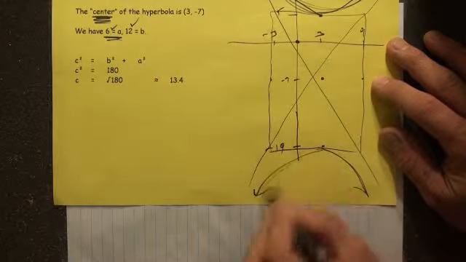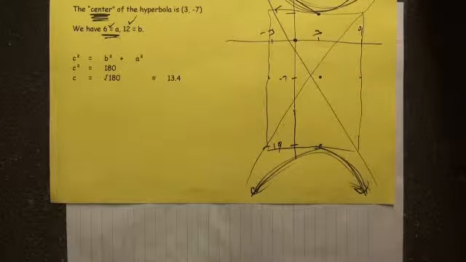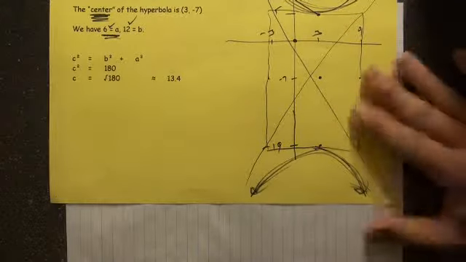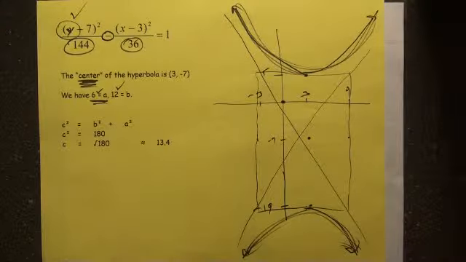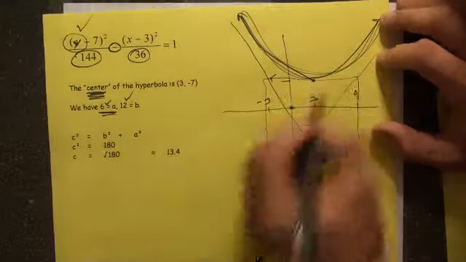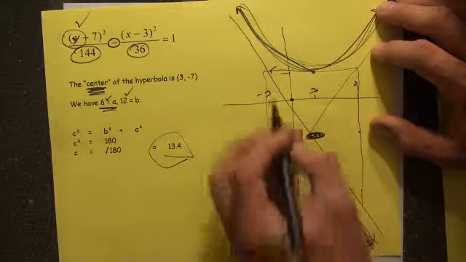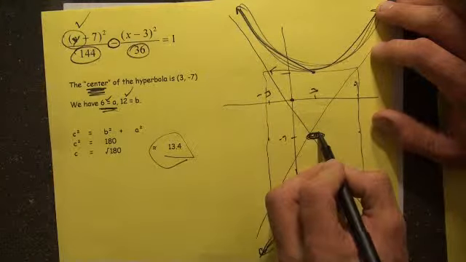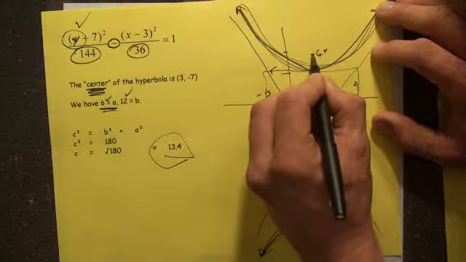Now, one thing I was wondering, and maybe I should address this in another video, but I actually don't know the answer to this question, but I want to ask it anyway. I wonder if the same pattern fits for hyperbolas that does for parabolas. And chances are it probably does. Our c value is definitely 13.4. So if we went up 13.4, that would take us up to about 6.4 for the height.